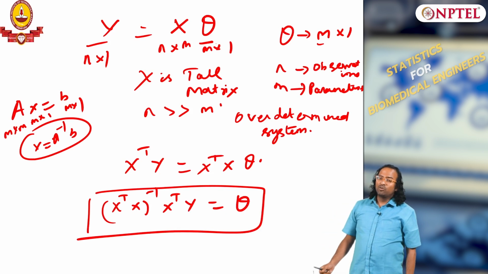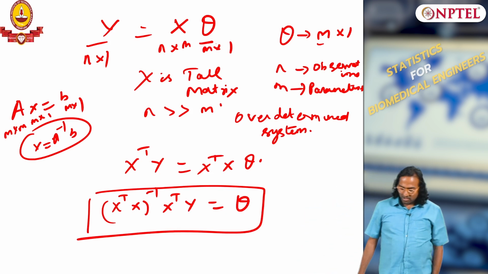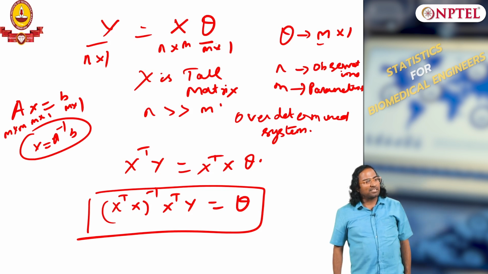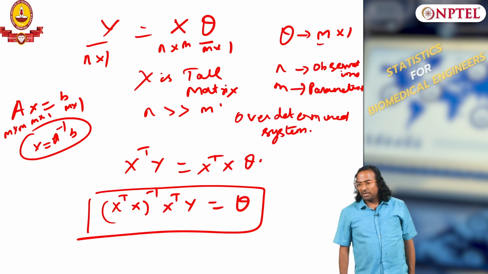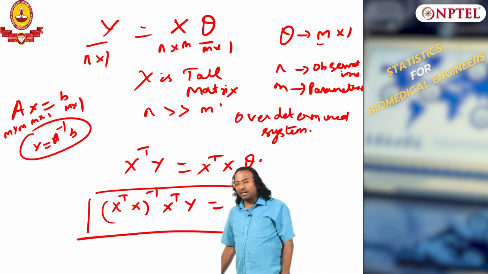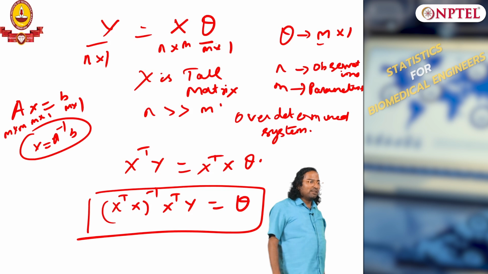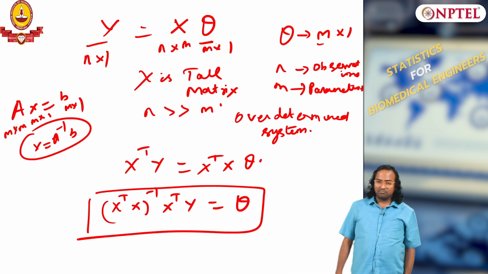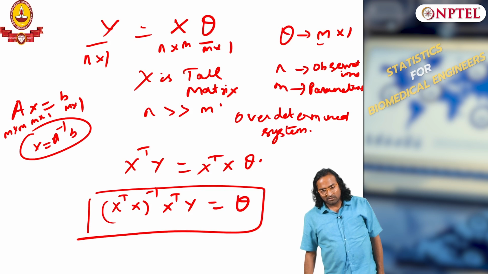Now X transpose X is a square matrix. A transpose A is always a square matrix, you should know that from basic linear algebra. What is the size of this matrix? M cross M, which is equal to the number of parameters we want.